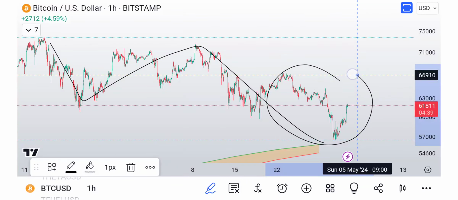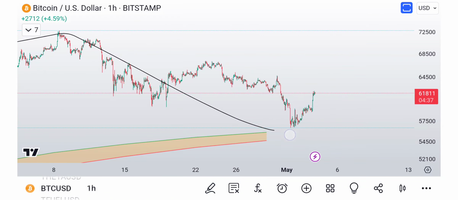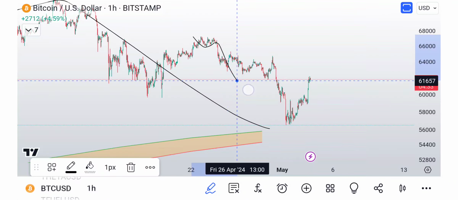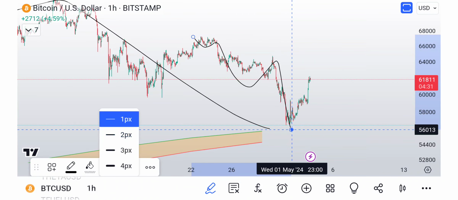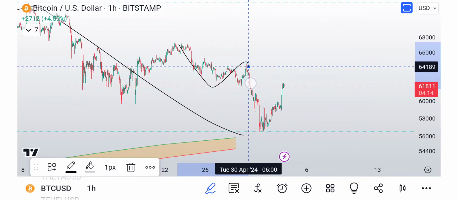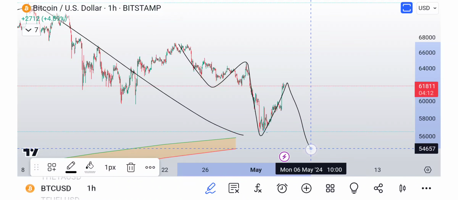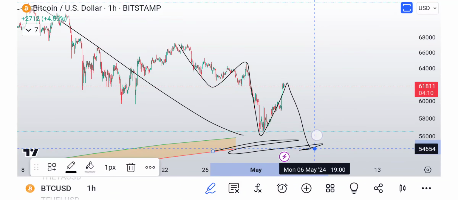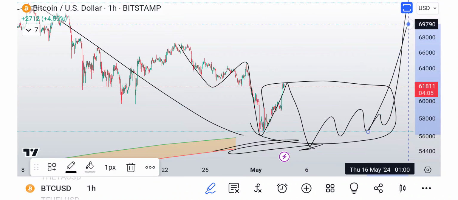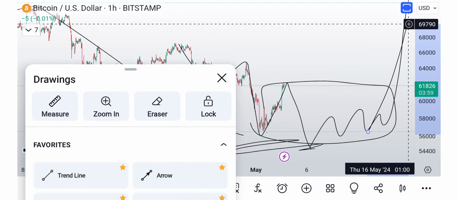And in wave 5, do we have 5 waves? Well, again, it looks like we do. We can say 1, 2, 3, 4, 5. Or you can say 1, 2, 3, 4, and 5, where you come down here, then you start to make a bottom in here and round out. So that's one of the bearish ideas.